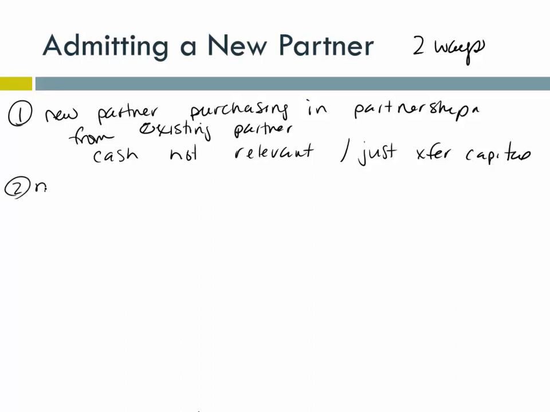If, however, the new partner is contributing assets in exchange for capital, and so sometimes you'll see so-and-so paid $50,000 in exchange for 1/4 interest in the business, a lot of times it'll be cash, but it doesn't have to be cash.